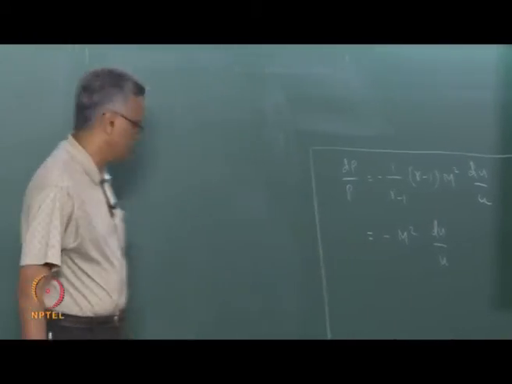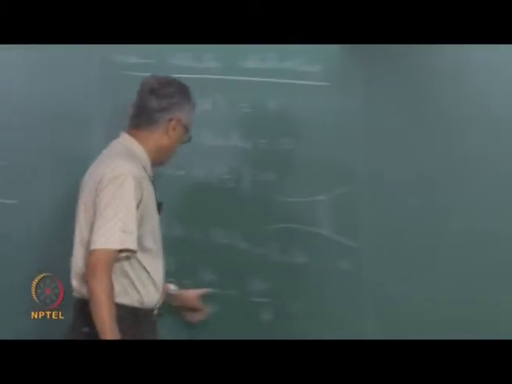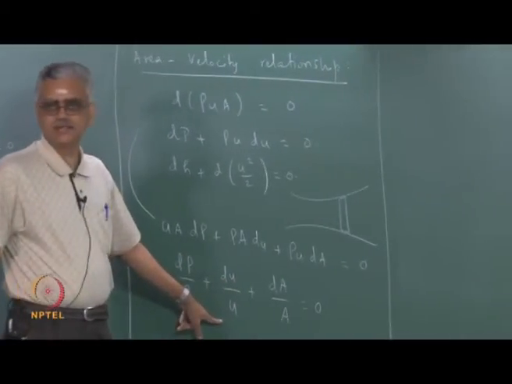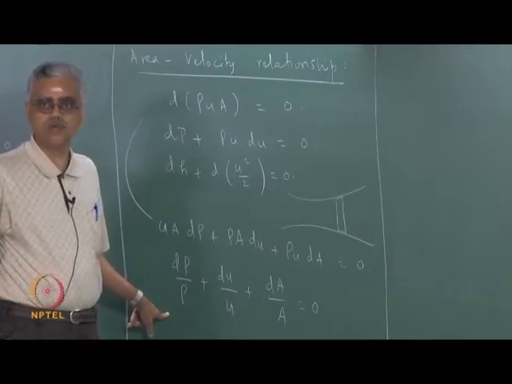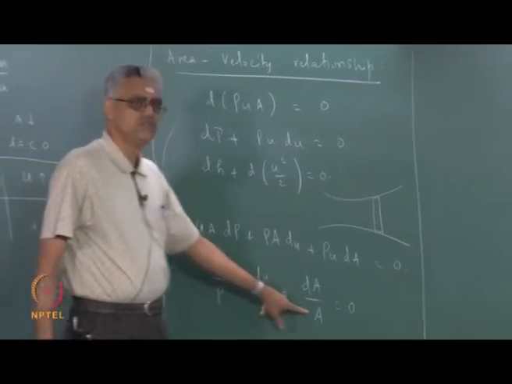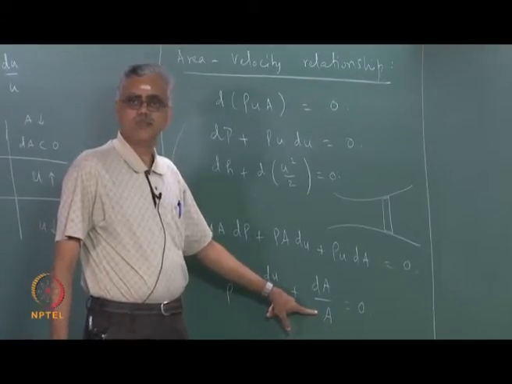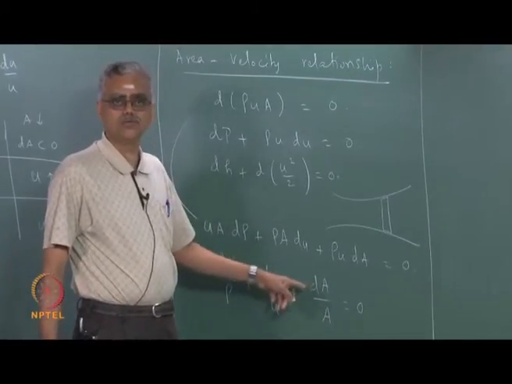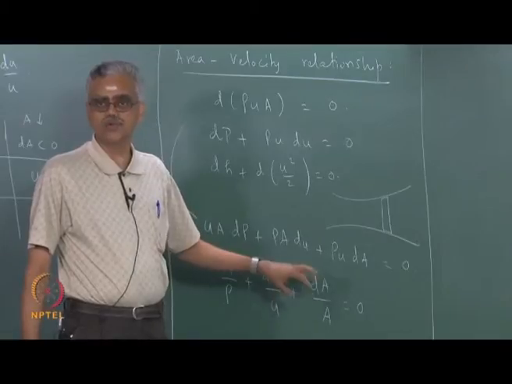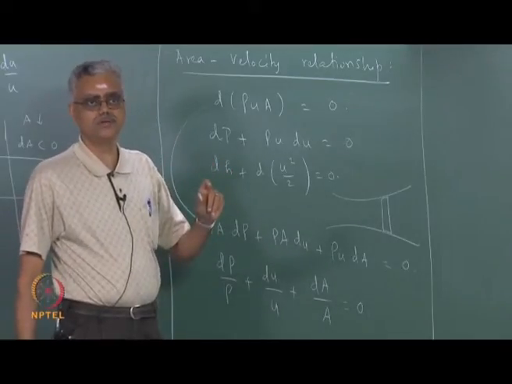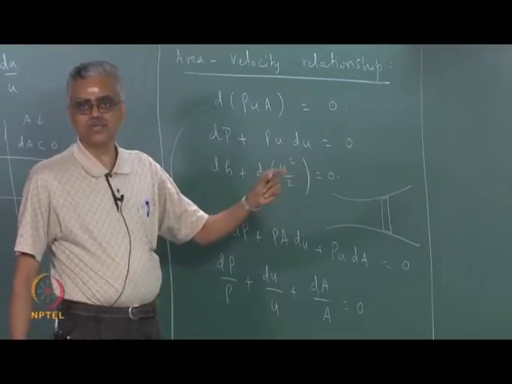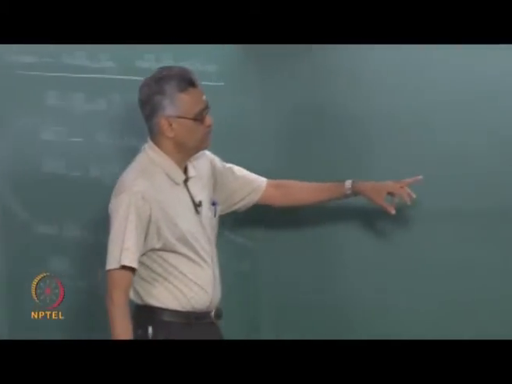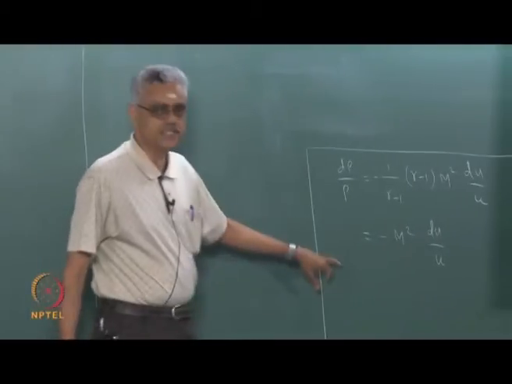So, when I look at mass conservation now, this was, we said, 10, now instead of this being minus 8, this has become, let us say, minus 12, then this would have to be plus 2 to make the whole thing go to 0. So, that means dA has to be positive. So, the change in behavior when the flow is subsonic to when the flow is supersonic comes because of the Mach number dependence of the change in density.